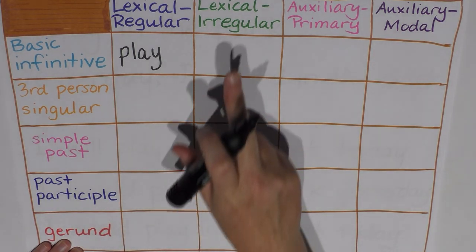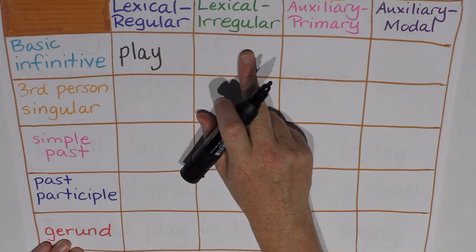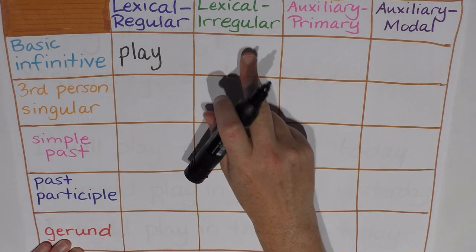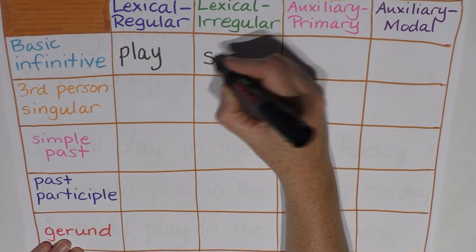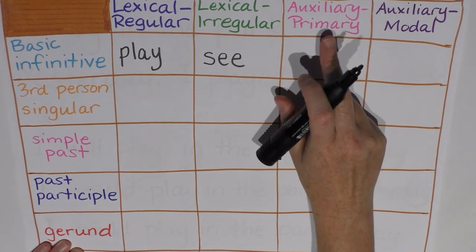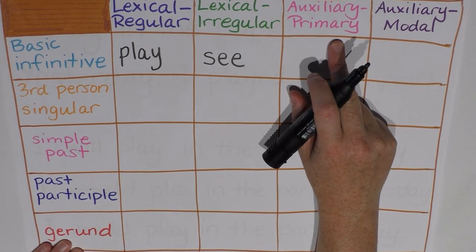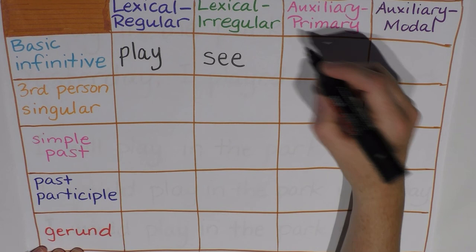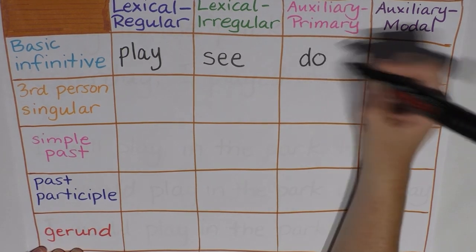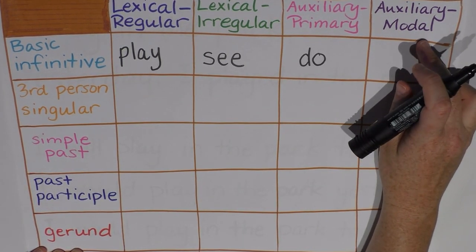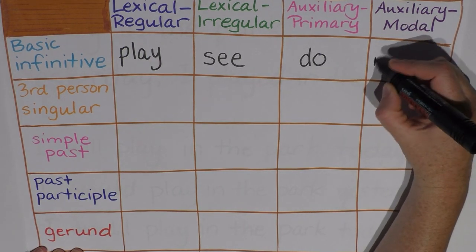Then there's lexical verbs that conjugate in an irregular pattern, such as see. We have auxiliary verbs then that are broken into their primary auxiliary verb, which I've used dummy do as our representative word. And then the modal auxiliary, and I've chosen to use might.